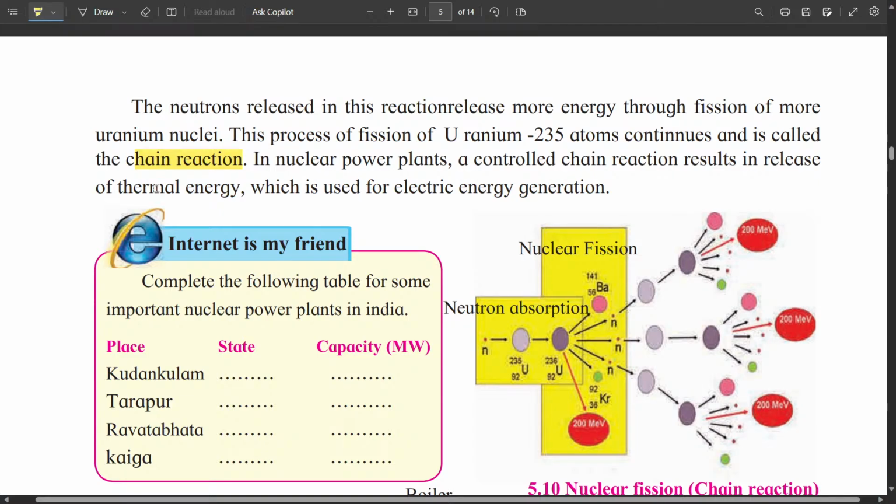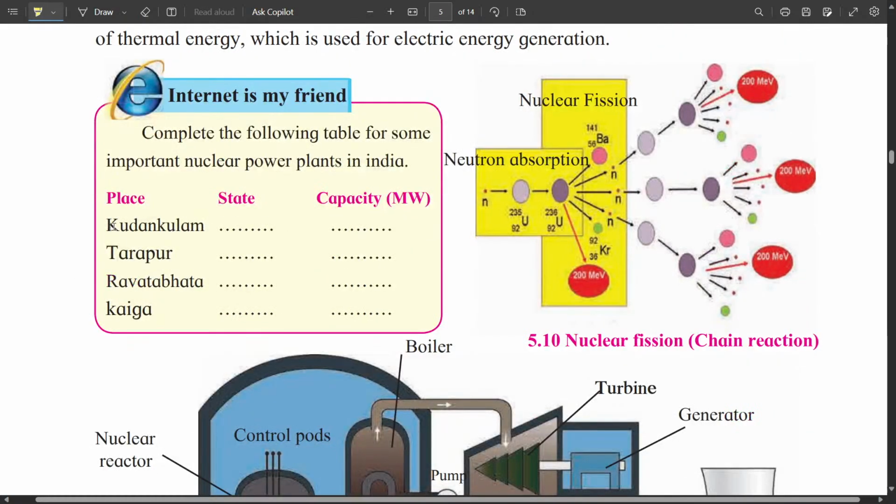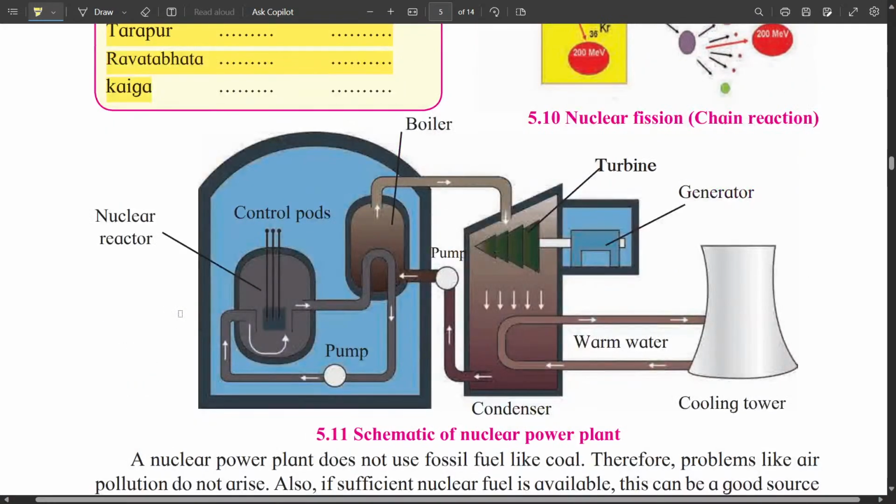In the nuclear power plant, the reaction is controlled and that's why it's a stable system. Nuclear power plants are there in Kudankulam, then Tarapur, Rawatbhata and Kaiga in India.